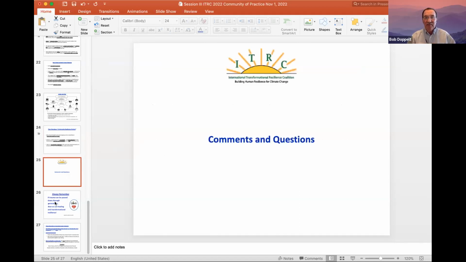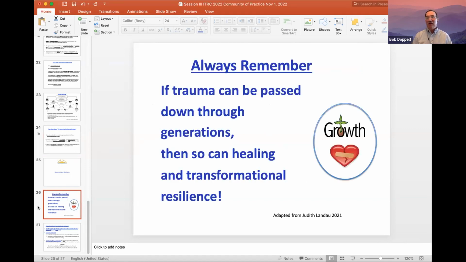It's very common. But what I want to remind you is you've seen 2 examples today and 2 last week, and all of the work most of you are doing also falls into this: we always have to remember that if trauma can be passed down through generations, then we can also do the same with healing and transformational resilience.